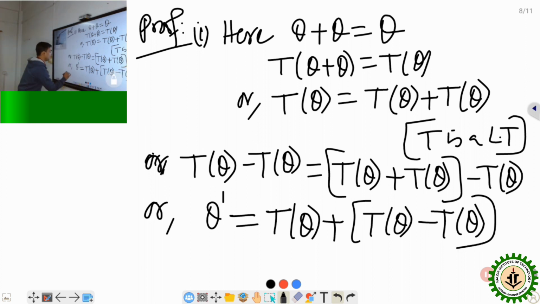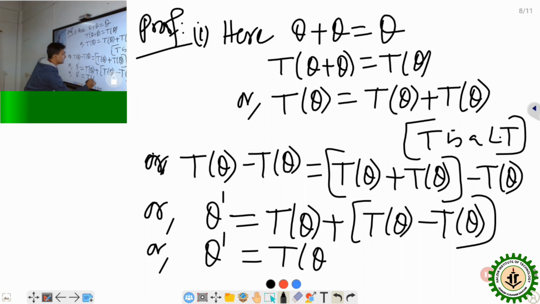So theta dash is equal to T theta plus theta dash.